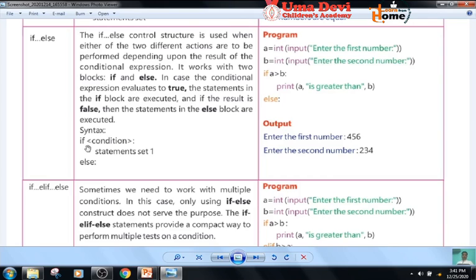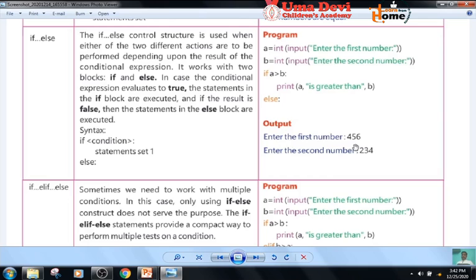Look here, its syntax is: if condition, statements set 1, otherwise else. So the program is here. They have taken input of A and B and assigned the values in A and B. Then the condition is: if A is greater than B, print A is greater than B, else.